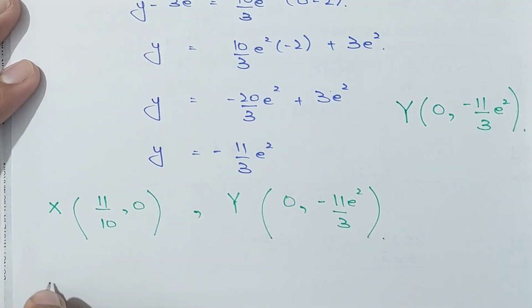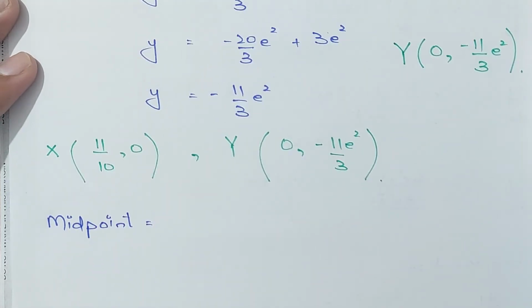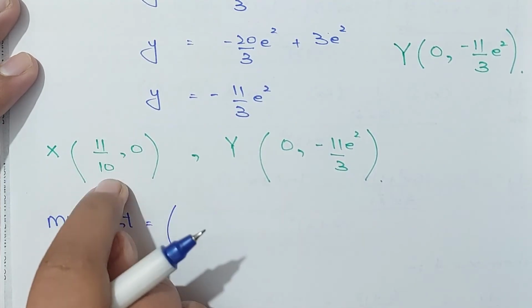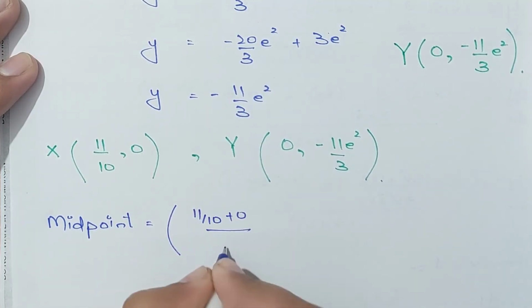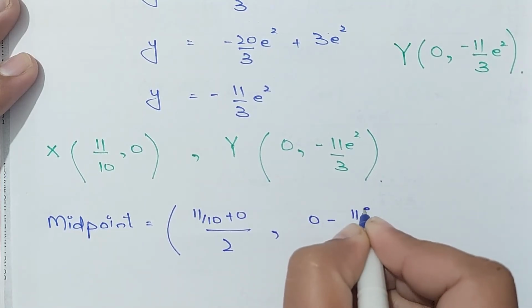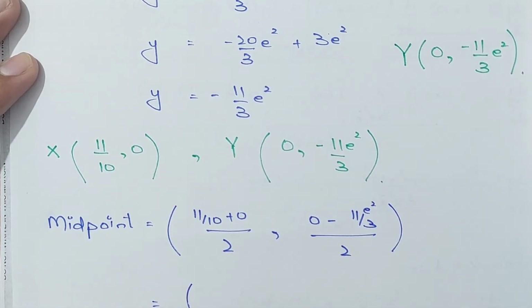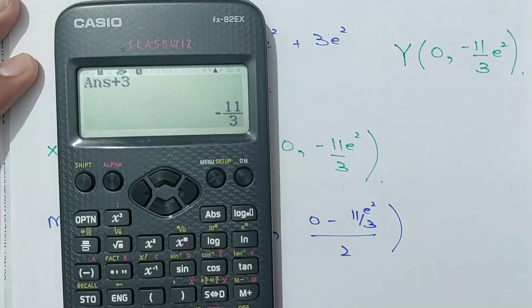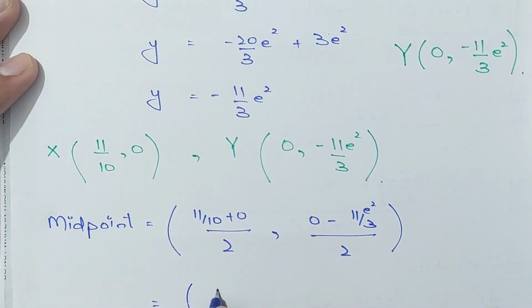Find out the midpoint: add the x components and divide by 2. 11 over 10 plus 0, divided by 2. Adding the y components and dividing by 2. This is 11 over 10 divided by 2, which is 11 over 20.